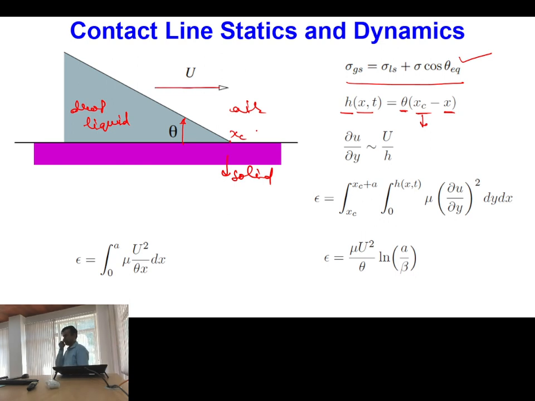contact point. Now, if you have to calculate the gradient of velocity, this direction is your y and this direction is x. If you calculate the gradient of velocity at this wall in the y direction, del u by del y, at this point your velocity because of the no-slip condition will be 0, but just above that you will find that your contact line is trying to move in the rightward direction with velocity u.